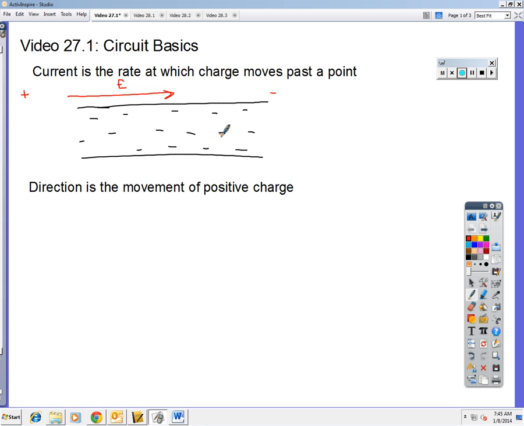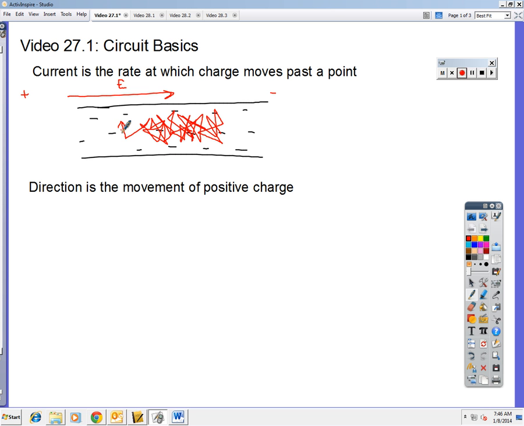So if we look at this electron here, its path will look something like this. It bounces around a lot, but on the whole, it ends up moving in the opposite direction of the electric field.